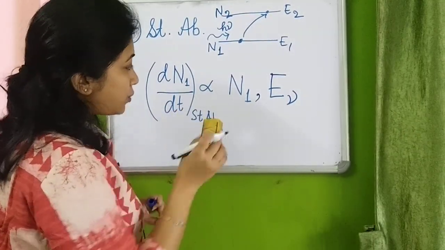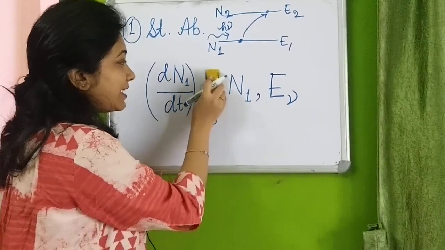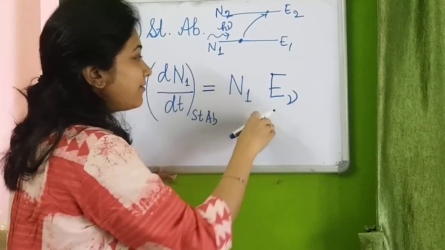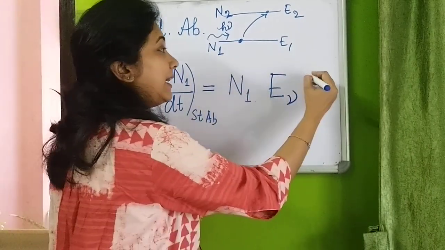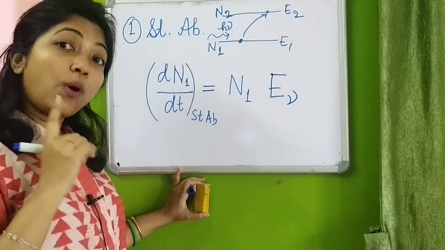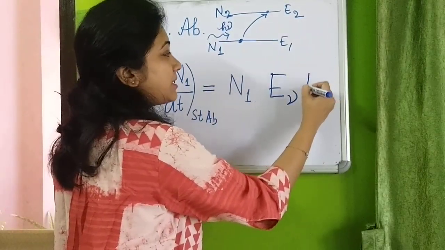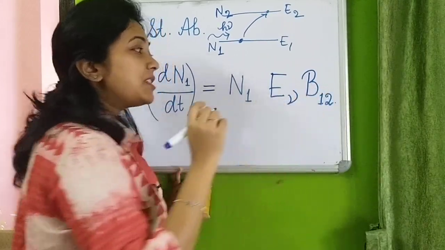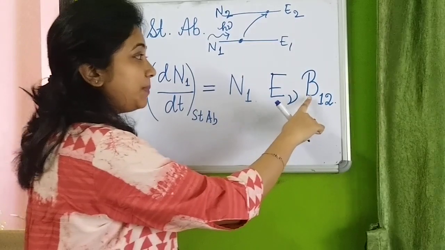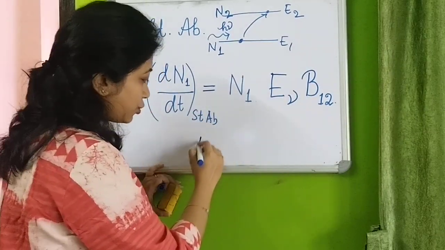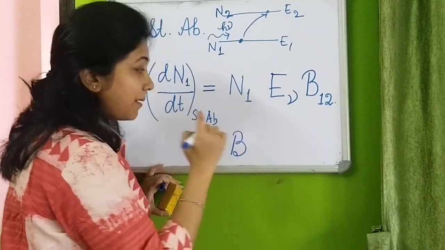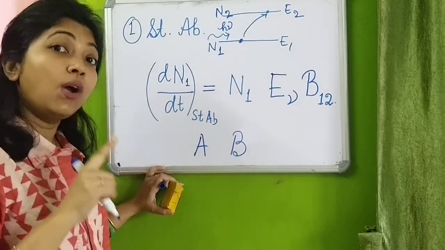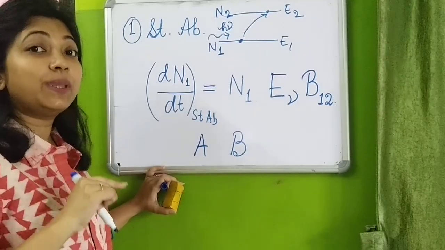So, when he had to remove this proportionality sign, he gave it as: this is equal to N1 into E nu into something called a coefficient, and he called this coefficient B12. Now let me give you a brief introduction to this B. Einstein actually used two coefficients A and B, but he said that he will be using the term B for the processes where external stimulation would be given.